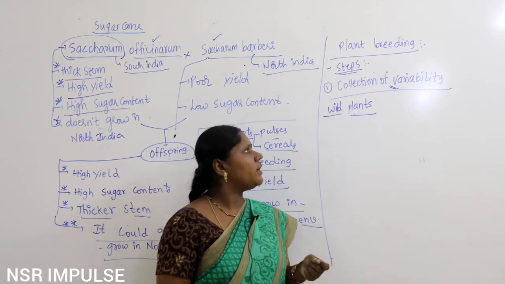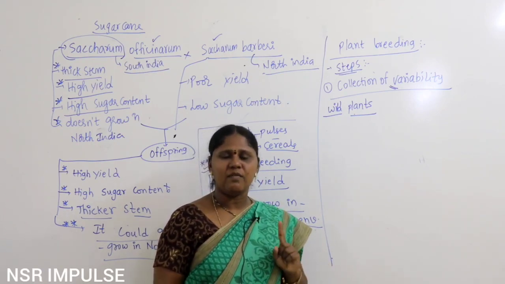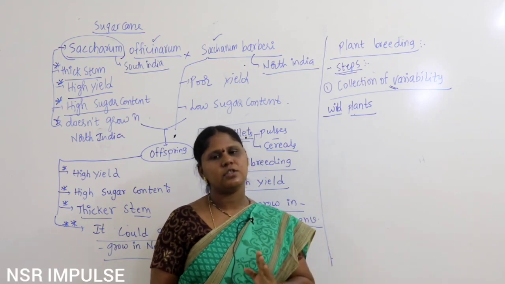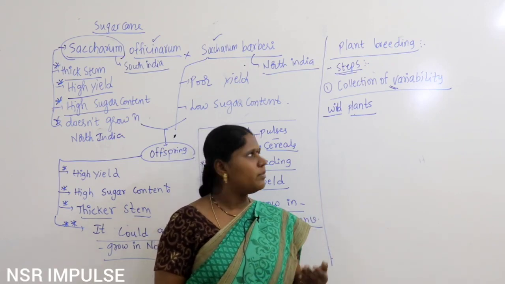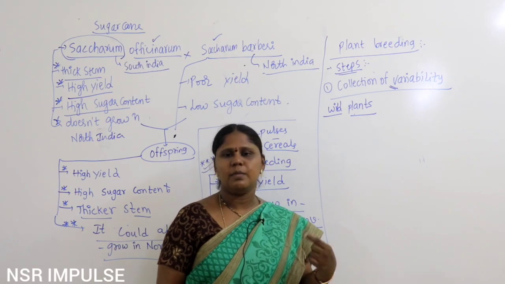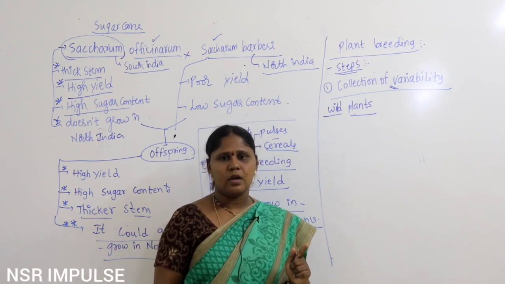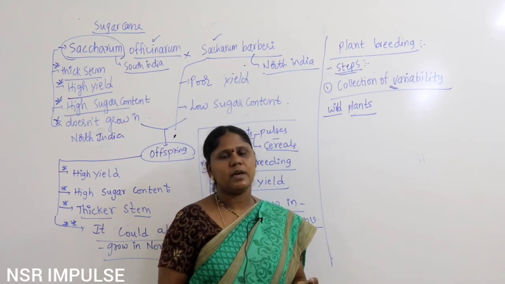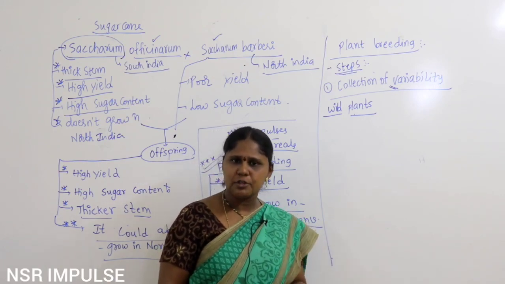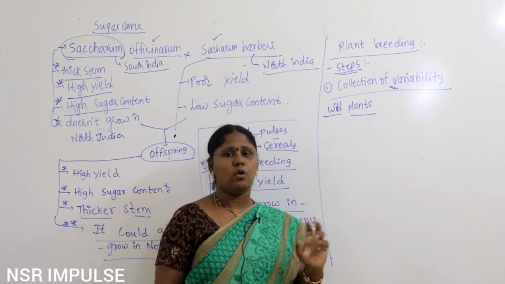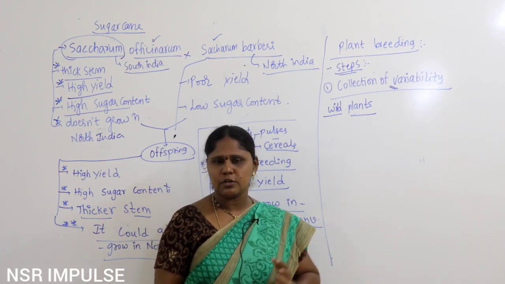So, for that what do I need to do? First, I have to see different variations in the plant. For example, if I take a rice plant, one particular rice plant growing in one area may have a bigger size. In some areas thin grains we get, in some areas highly nutritional, some areas good quality but not highly nutritional.